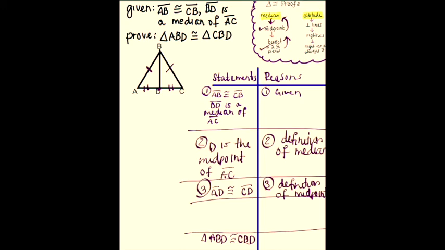In this case, I see the reflexive property. So now I'm able to mark that on my chart. So I can say BD is congruent to BD. And that is because of the reflexive property.